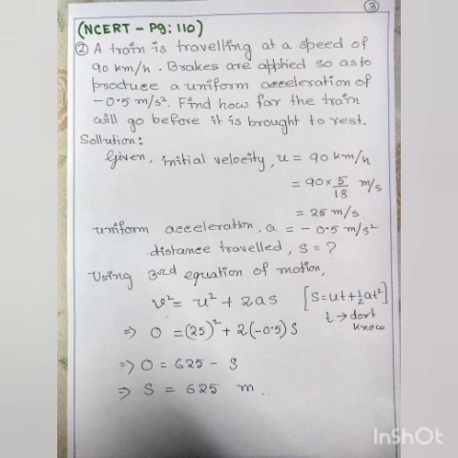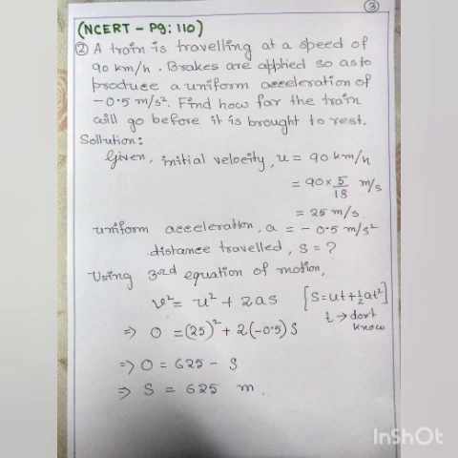Now see, for the distance-time relation there is one more relation, that is the second equation of motion, s equals ut plus half at square. So you can think why we are not using this second equation of motion. We know the initial velocity u, we know the acceleration also, but we don't know the time taken by the train to come to rest.